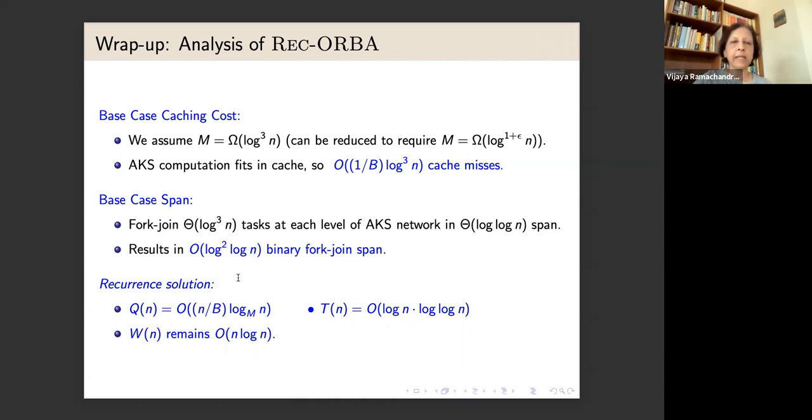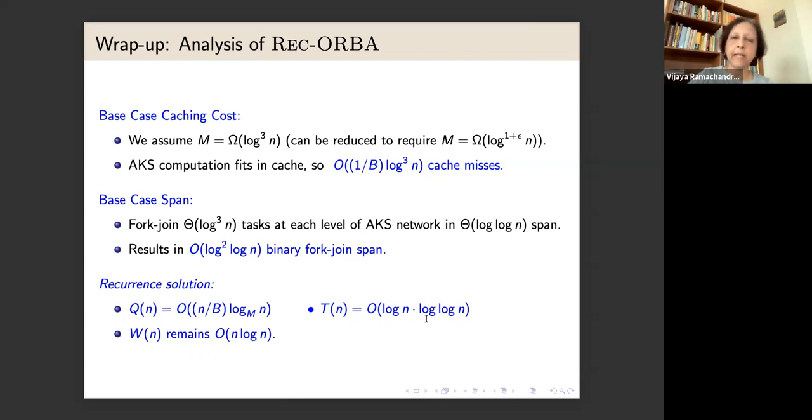So these are the base cases, and if you solve the recurrence with these base cases, we get exactly what we had promised earlier: optimal caching, cache oblivious caching cost, optimal work, and a span of log n on binary fork join CREW.